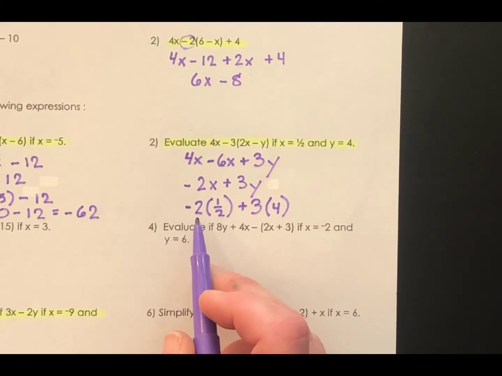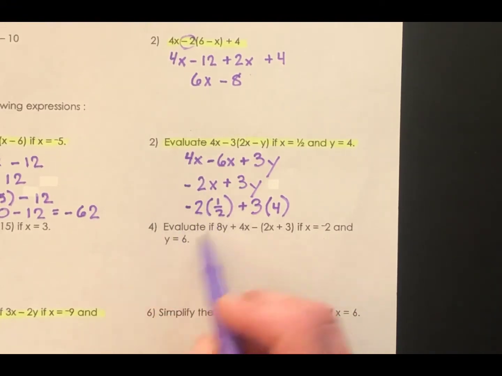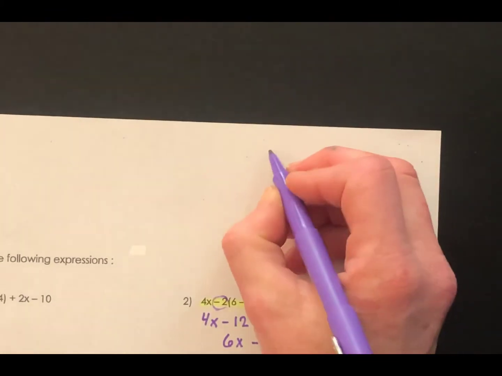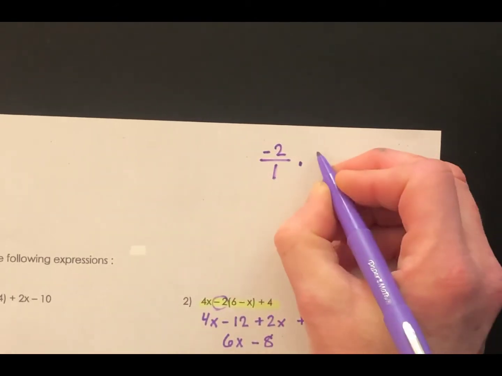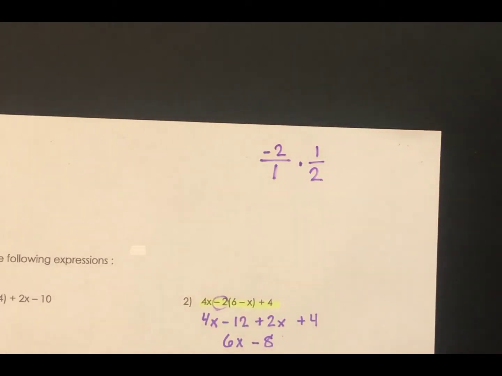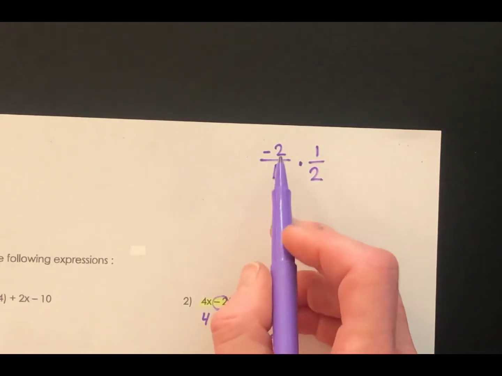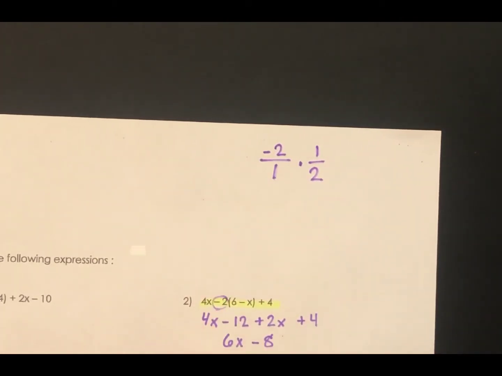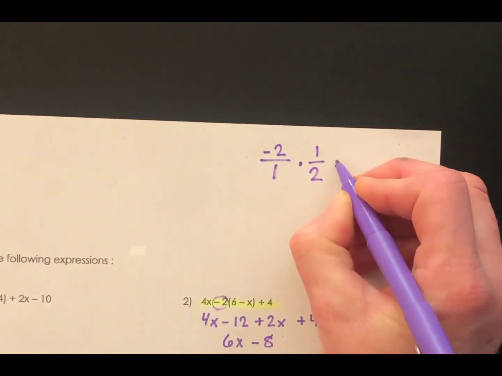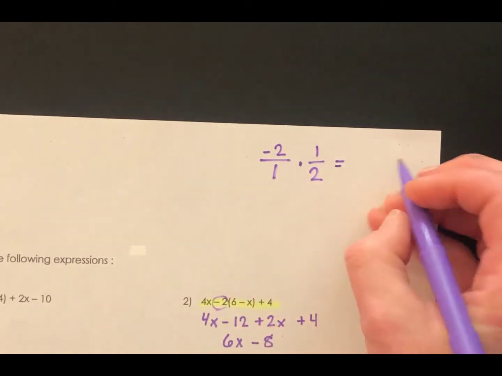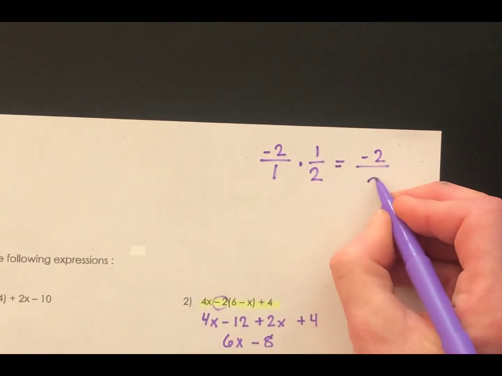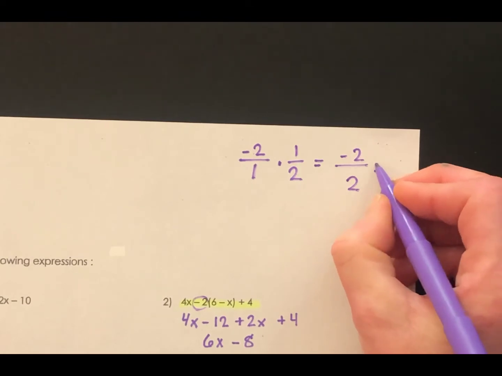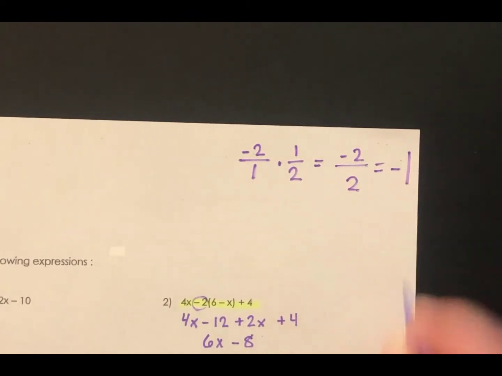If you're not comfortable with that, then you can multiply these out. We can come up here, and we'll do negative 2 times 1/2. Change that whole number into a fraction so we can multiply straight across. And that gives us negative 2 times 1 is negative 2. 1 times 2 is 2, which gives us final negative 1.